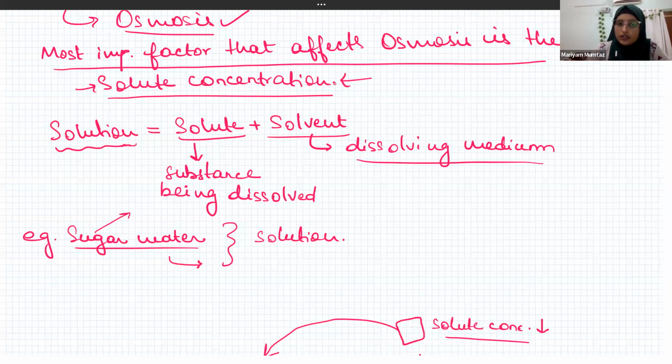So that solute concentration, the concentration meaning the amount of solute present or absent, affects the whole rate of osmosis.